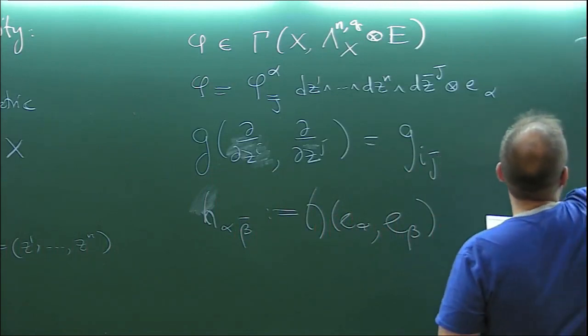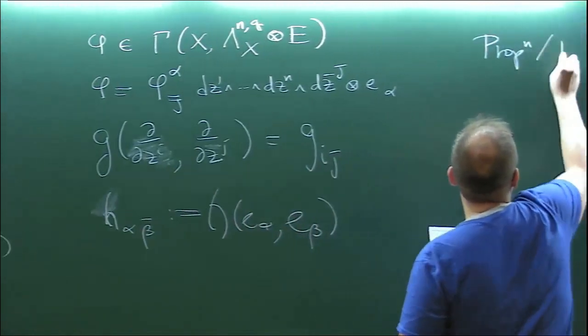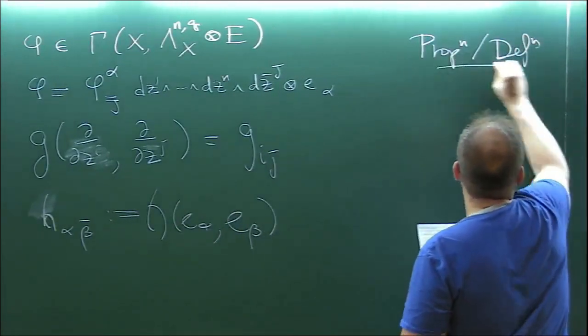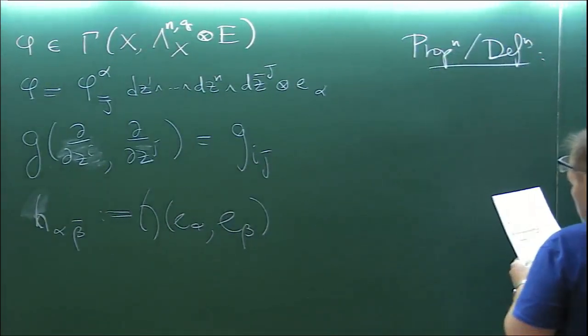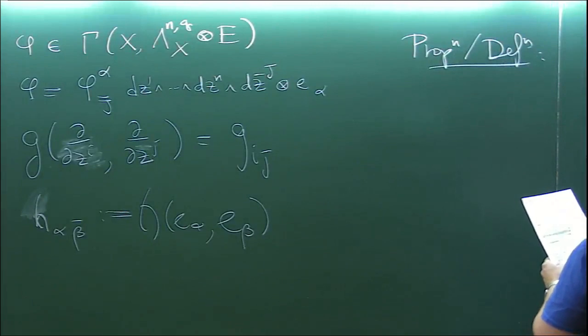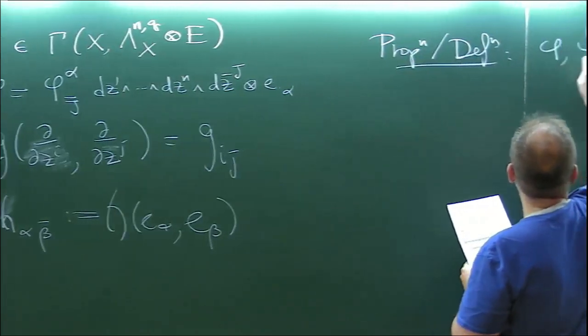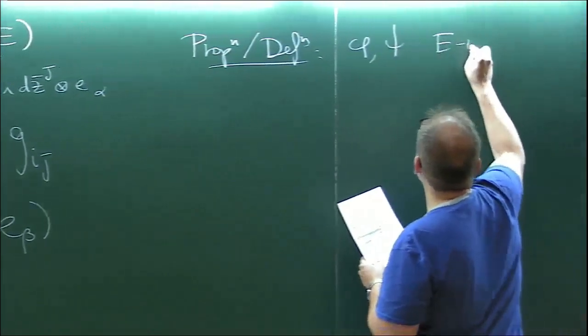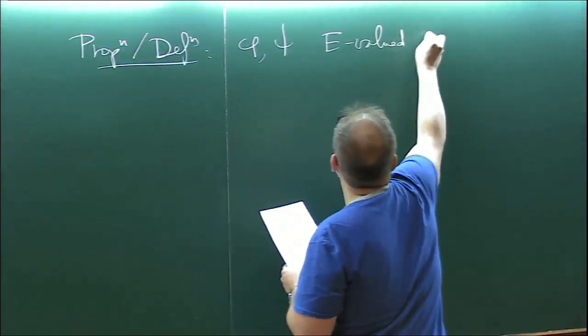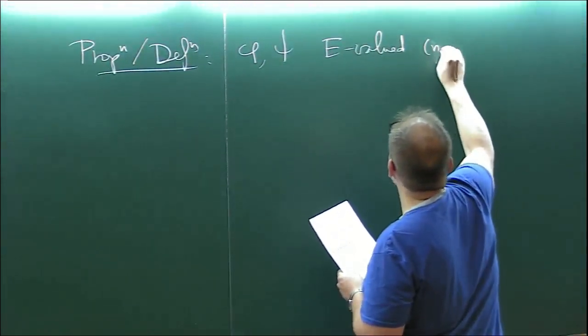Now here's a kind of proposition slash definition. Let phi and psi be E-valued (n,q) forms.